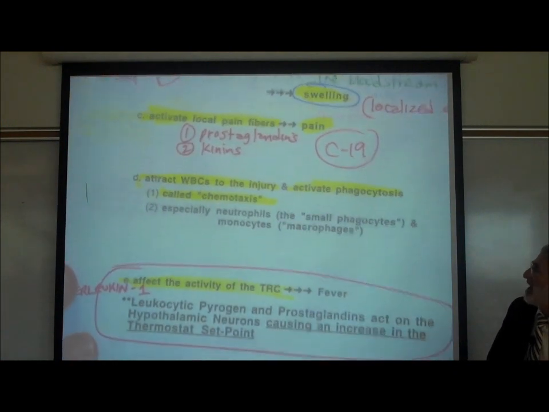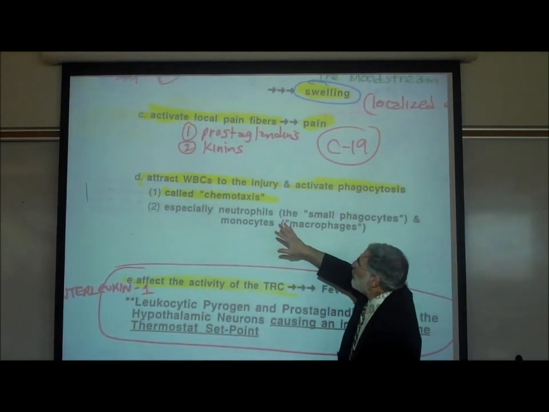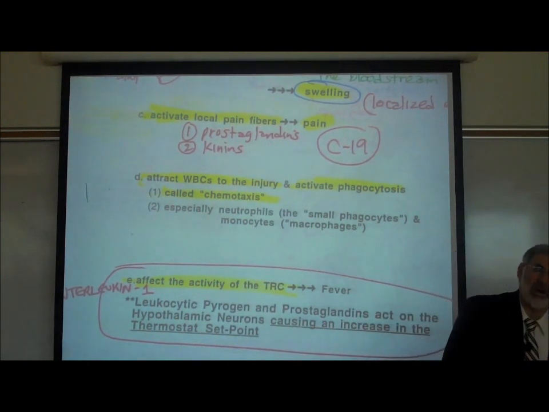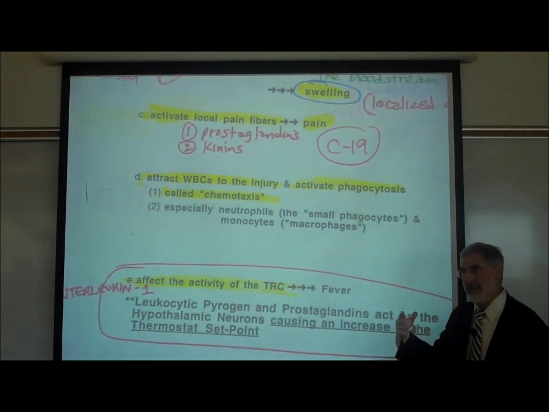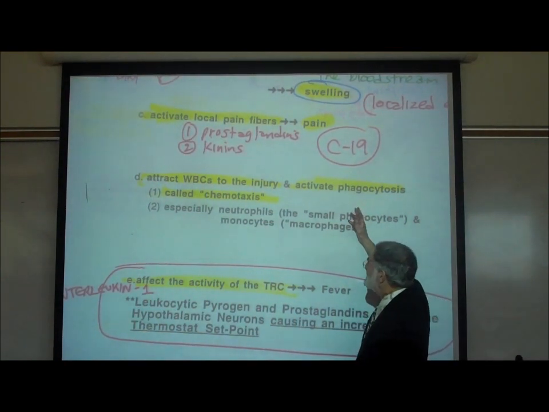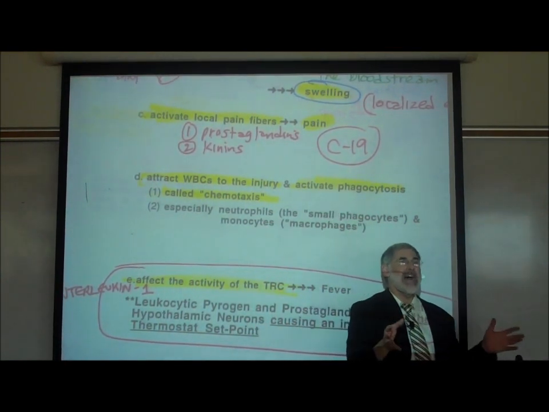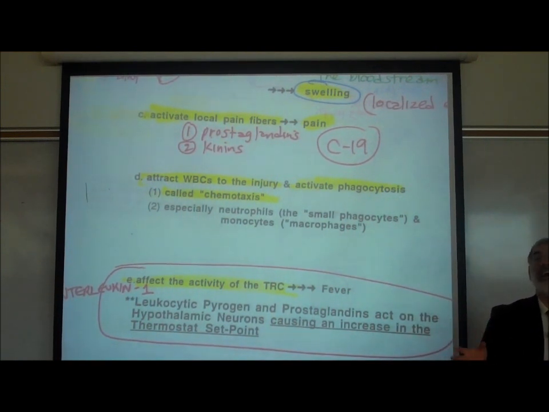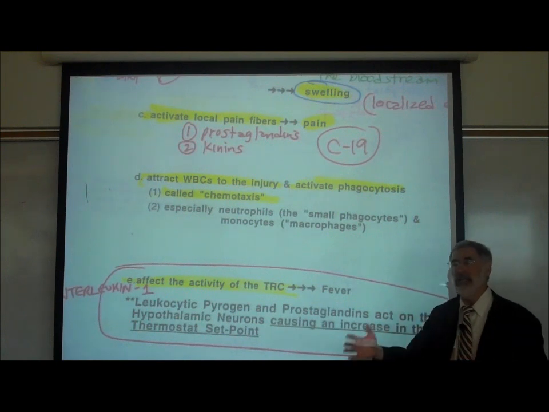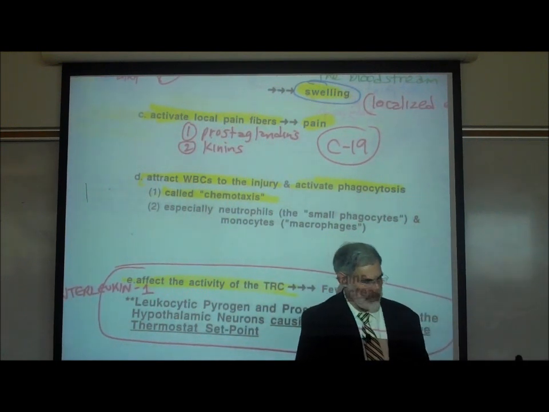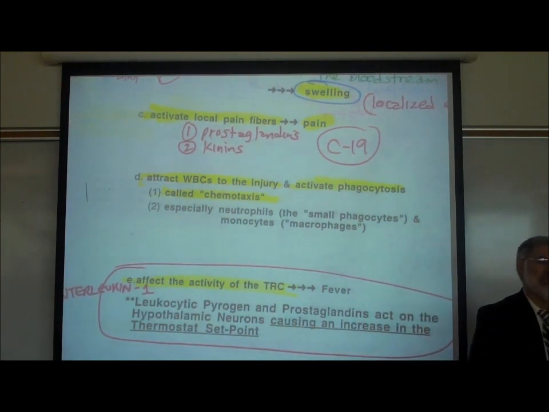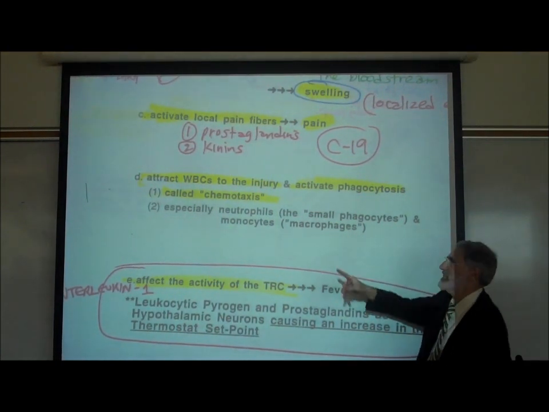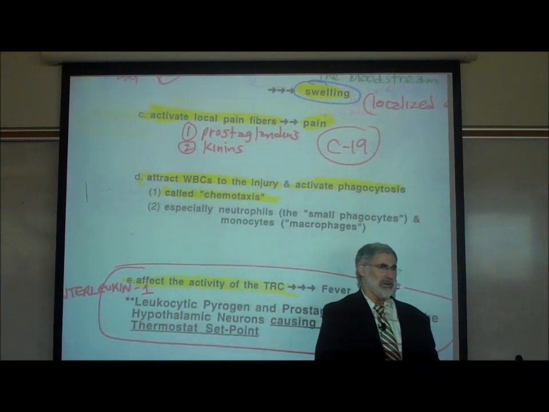Now, some of these chemicals attract white blood cells to the injured area and activate them to start phagocytizing, or swallowing up. They phagocytize not only the bad guys, the bacteria or viruses, they also phagocytize the dead human cells to clean up the area to promote healing. Now, what is that term we use for chemicals that attract white blood cells? Chemotaxis. Did we use that term before?